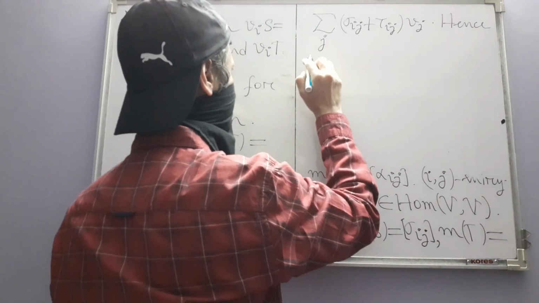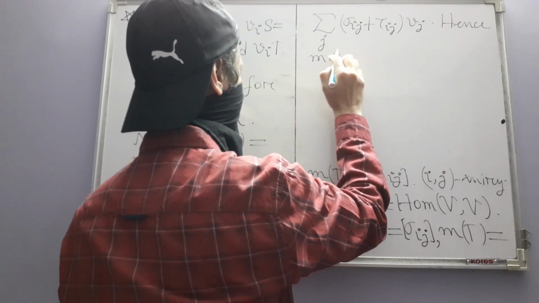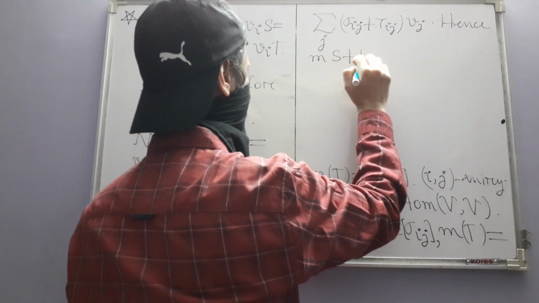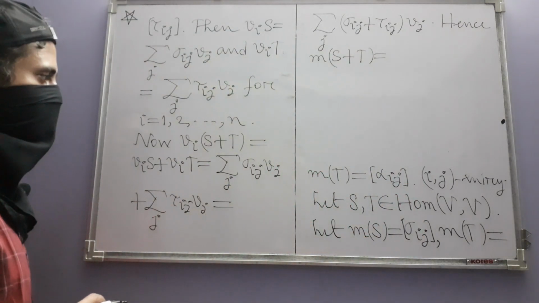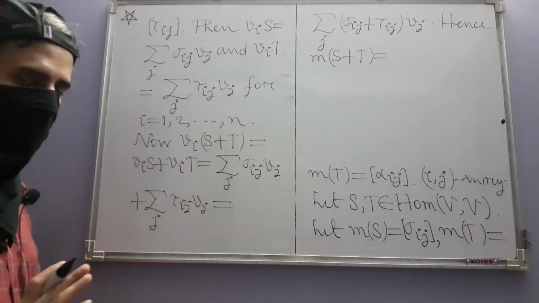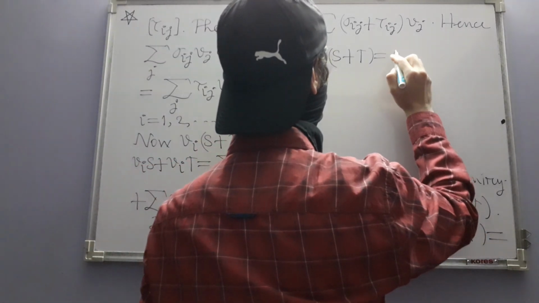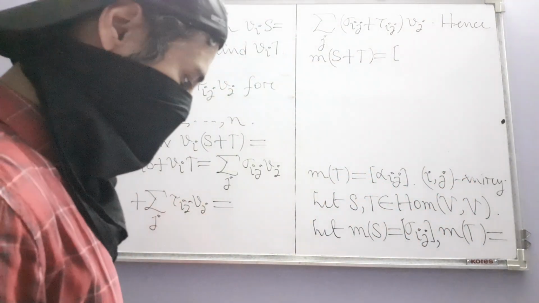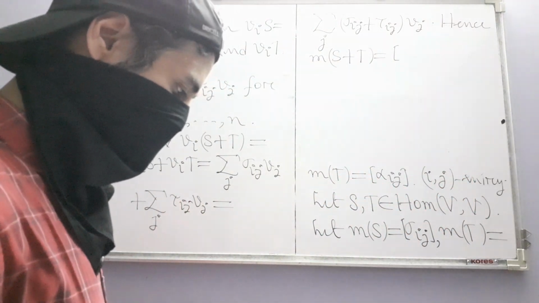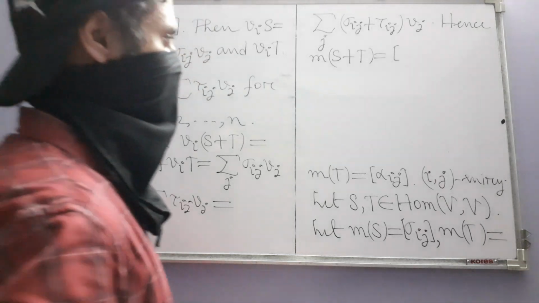Hence, we can see directly from this that the matrix of S plus T with respect to our chosen ordered basis, all the Vi's, is, I think the author has given it a name. The name part we will come to afterwards.